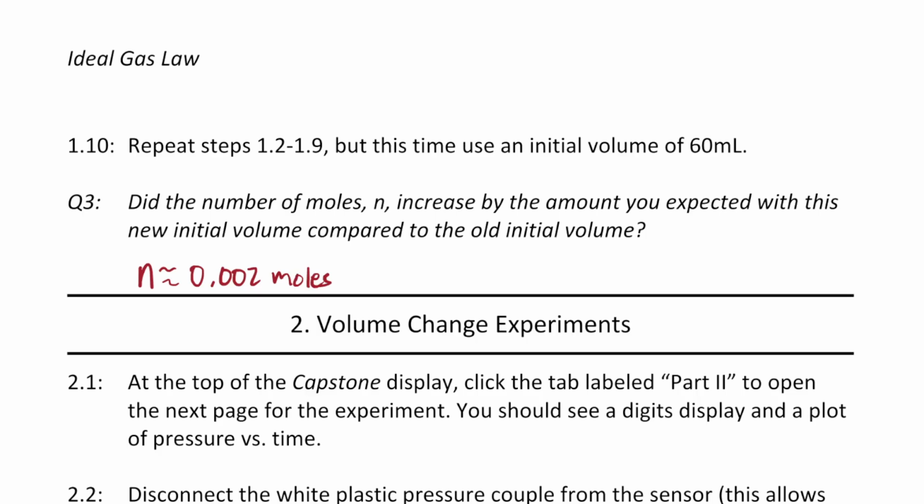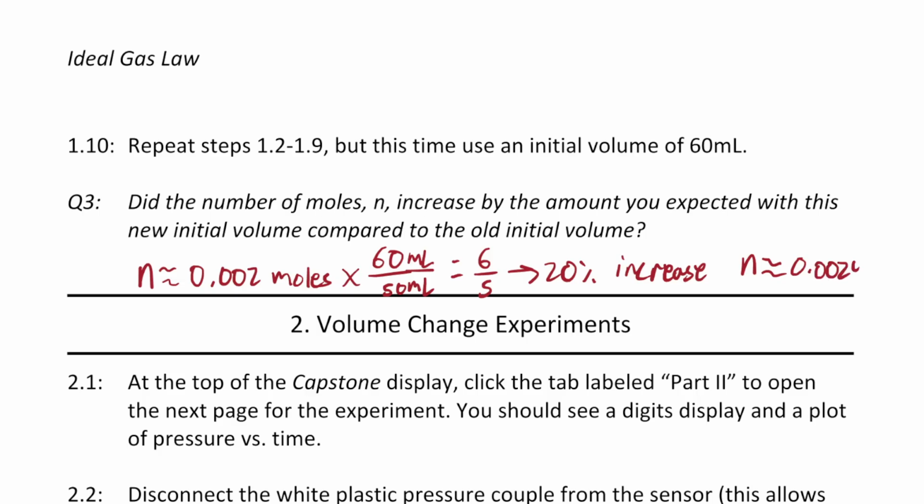If we increase to 60 milliliters, we expect this to increase by 60 milliliters over 50 milliliters, which is 6 over 5, a 20% increase. So we would expect that n is now 0.0024 moles.